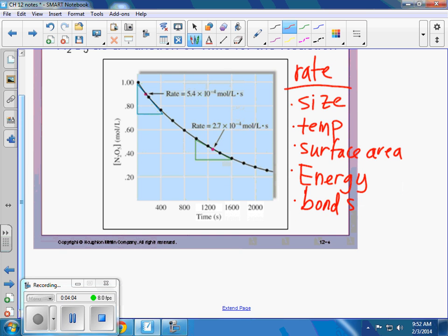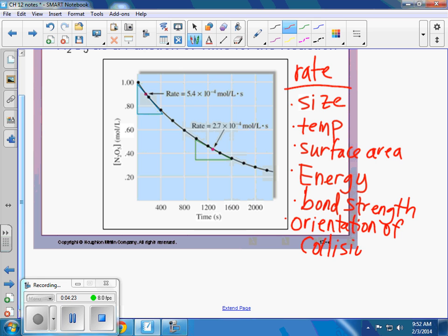The bond strength meaning, do I have ionic bonding? Do I have LDF? Do I have hydrogen bonding? Do I have dipole? All of those things are in bond strength. And then the last one is orientation of the collisions.